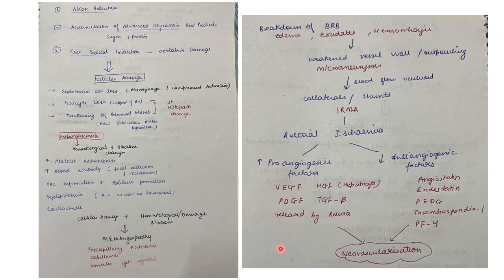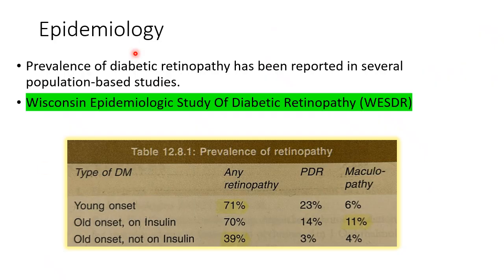And see, these are the pro-angiogenic factors. The number one is VEGF, PDGF, HGF, TGF. These are all released by the retina, and there are anti-angiogenic factors such as these which are decreased. Okay, so they promote neovascularization. So this is how you should write your answers when somebody asks you about pathogenesis of diabetic retinopathy.